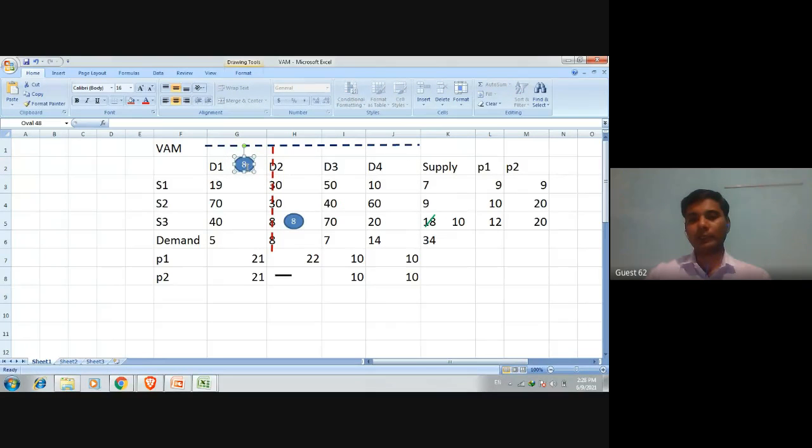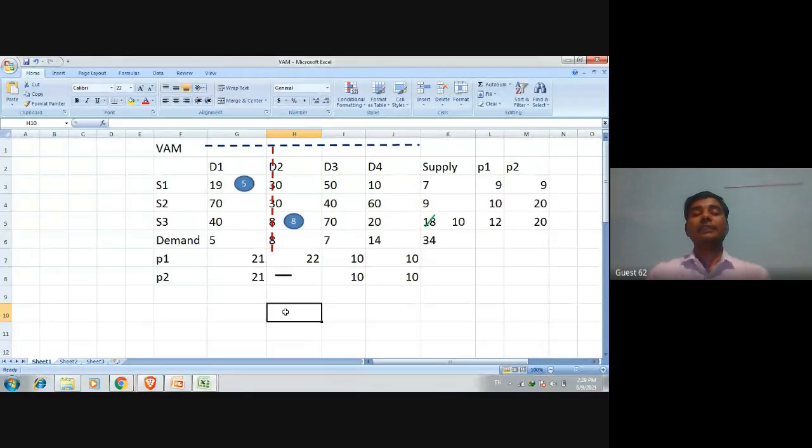I am drawing a circle with 5 units. I have allocated 5 units to S1 D1, according to this table.